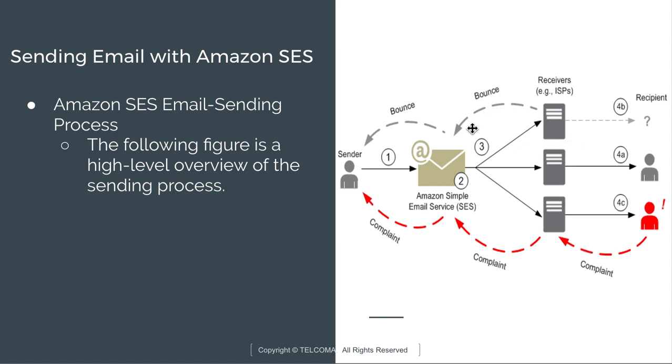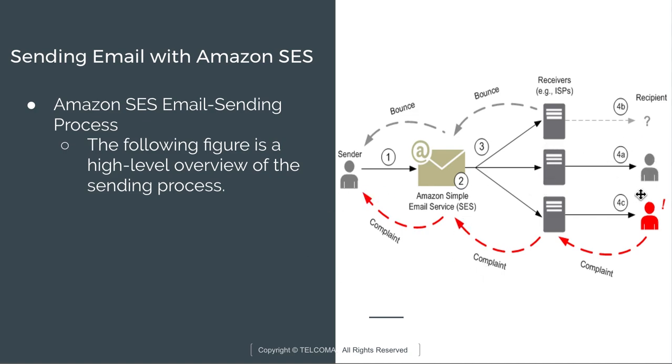Here we can see this is a bounce and there is a complaint from this user. We have a complaint, and here, as there is no recipient present, it will bounce back. And this user in red color has complained, so we have a complaint message back to the sender.